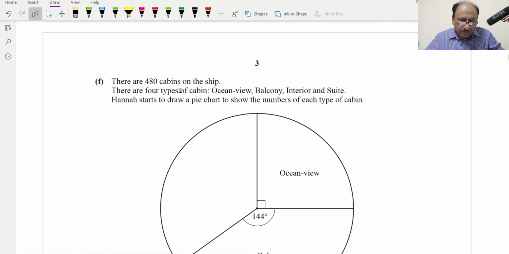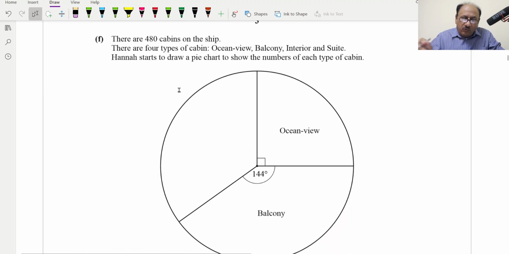Hopefully you understood this. Then F part, there are 480 cabins on the ship. There are 4 types of cabin: ocean view, balcony, interior, and suite. Hana starts to draw a pie chart to show the numbers of each type of cabin.